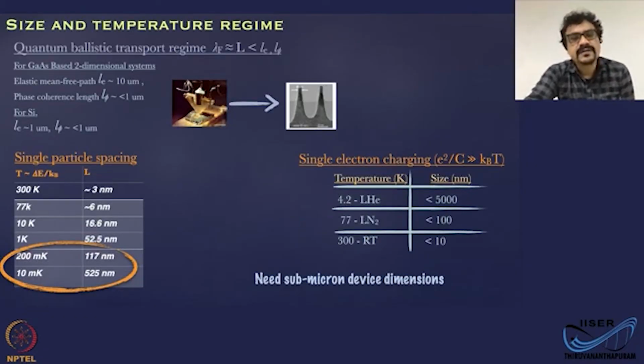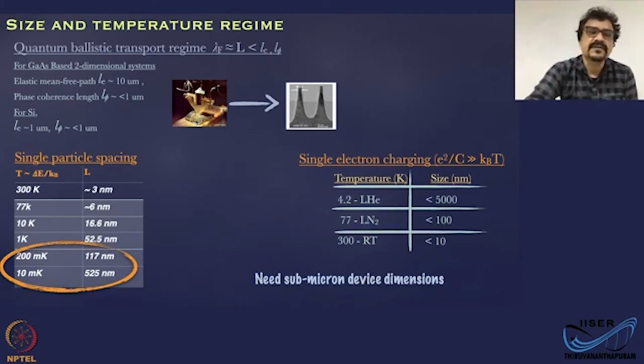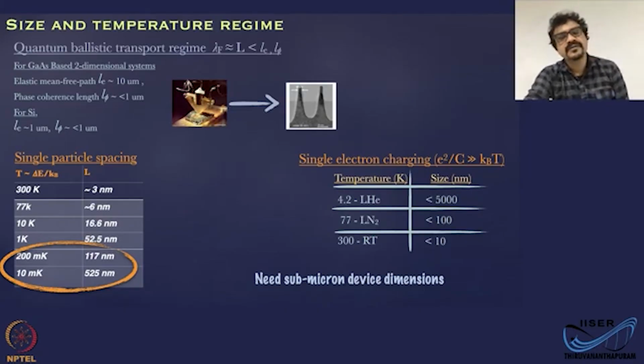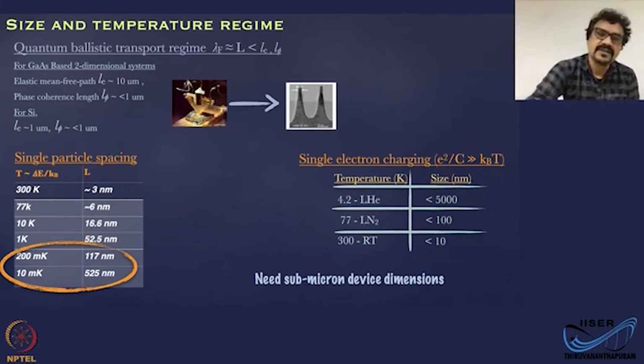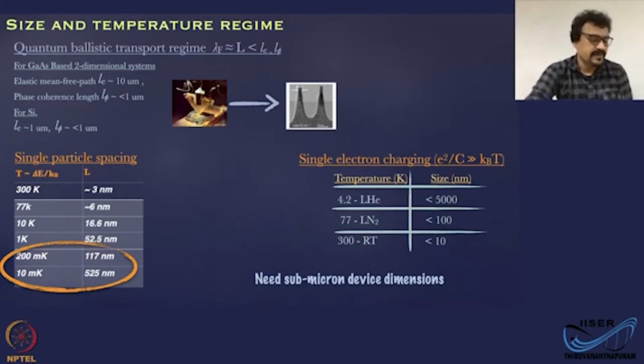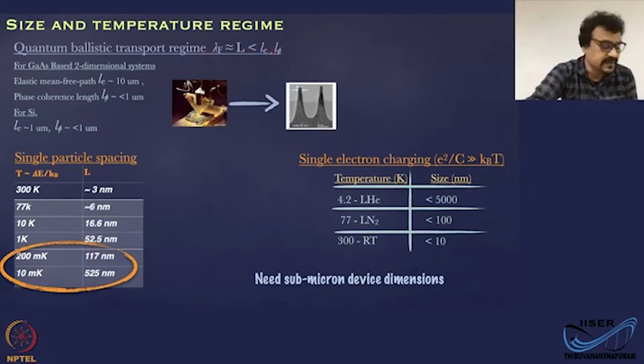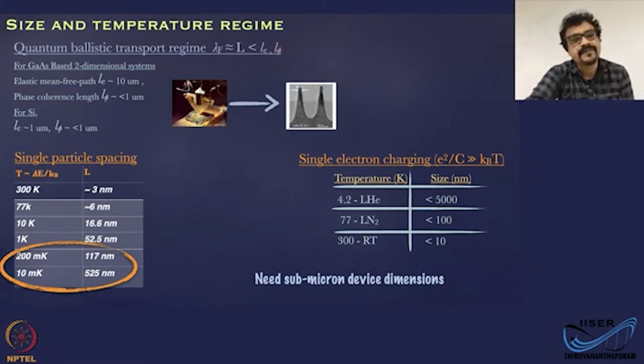So we learned in one of the previous classes that quantum transport, and especially quantum ballistic transport, happens in these length scales or dimensional scales, where the length or dimension of the device is less than the scattering length or the phase relaxation length.